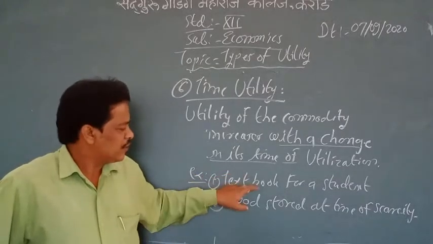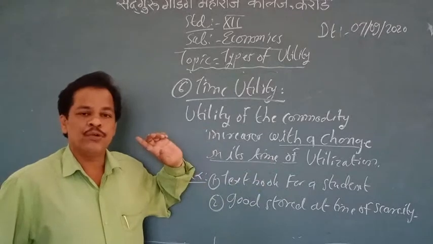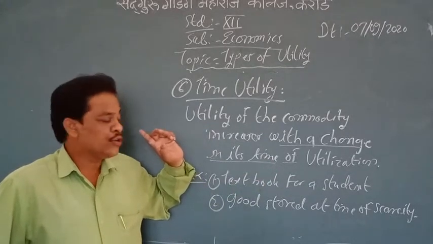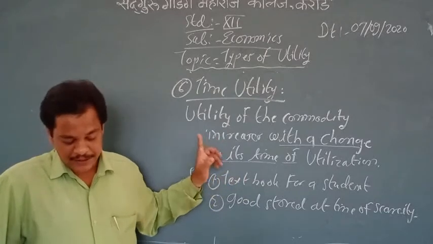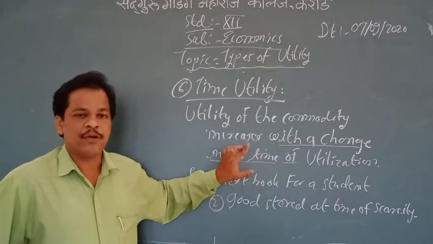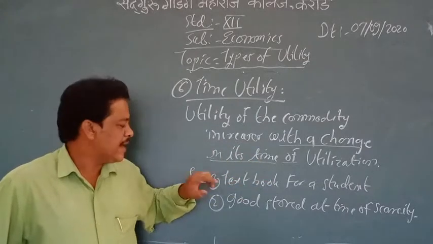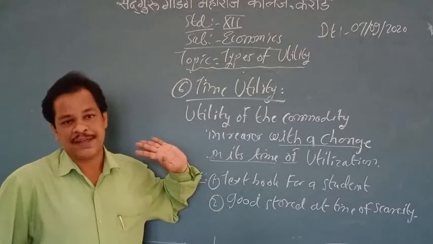Also, it is not important for him to use the book for 11th standard. During the examination, the textbook is very important. With the help of this textbook, the student can study and give the exam. So a textbook is very important for a student at the time of the examination.